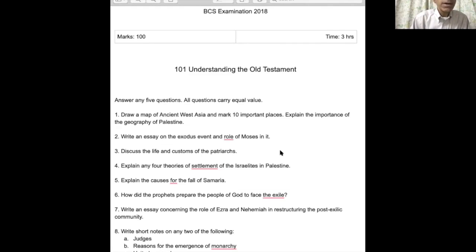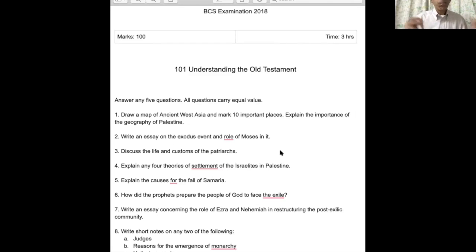All right, answer any 5 questions. The first one was draw a map of ancient West Asia, mark 10 important places, and explain the importance of the geography of Palestine. Second question, write an essay on the Exodus event and the role of Moses in it.